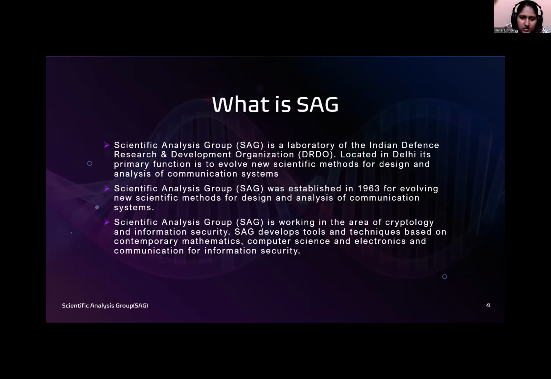It was established in 1963, and it is responsible for creating new scientific methods for the requirements of communication systems. It also works in the area of cryptology and information security, and its tools and techniques are based on contemporary mathematics, electronics and communication, which are associated with information security, and also computer science.